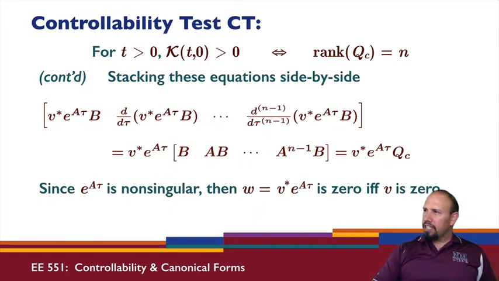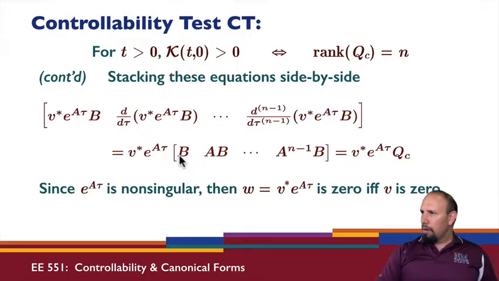Well, I'm going to next stack these equations side by side. So I have this quantity, I have the first derivative, second derivative, all the way down to the n minus first derivative. And I notice that when I look at these expressions, all of them are going to have v adjoint e to the A t out front. So I can pull that out of the entire matrix.